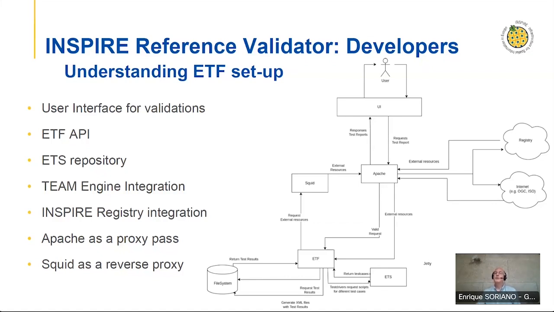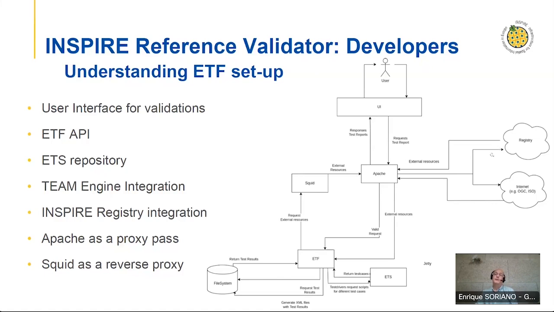So in first instance, what we made was to put a reverse proxy, which is Squid, also acting as a cache. So all the requests to external resources are cached after the first time they are requested.